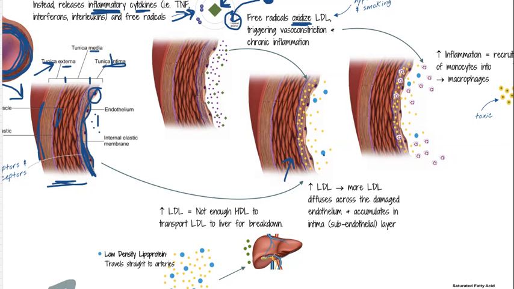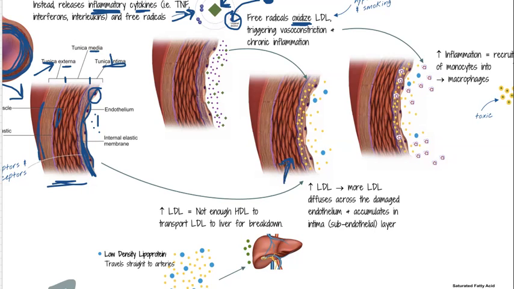We need them. However, your body generally makes enough cholesterol for your use. So anything extra, if you have a diet that's high in cholesterol, for example, you have a buildup of those low density lipoproteins.